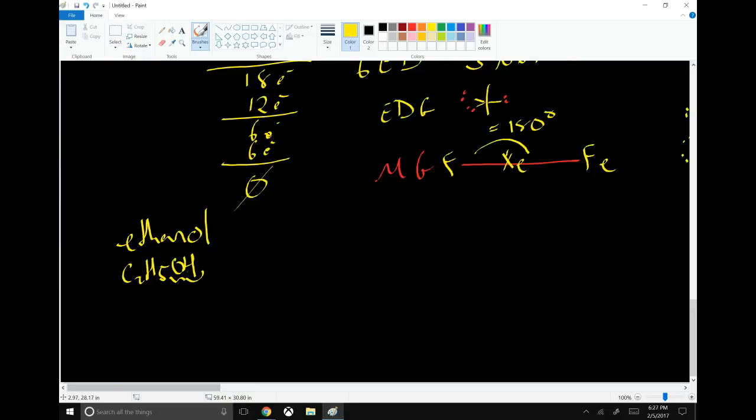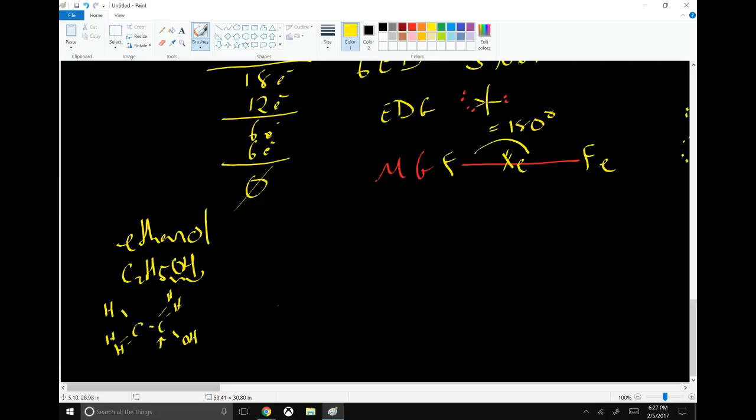It's sort of a hydroxide, only it's bound very firmly to the ethanol. It doesn't pop off. And what you see is carbon bound to hydrogen. Okay, so carbon, carbon, hydrogen, hydrogen, hydrogen, hydrogen, hydrogen, hydroxide.